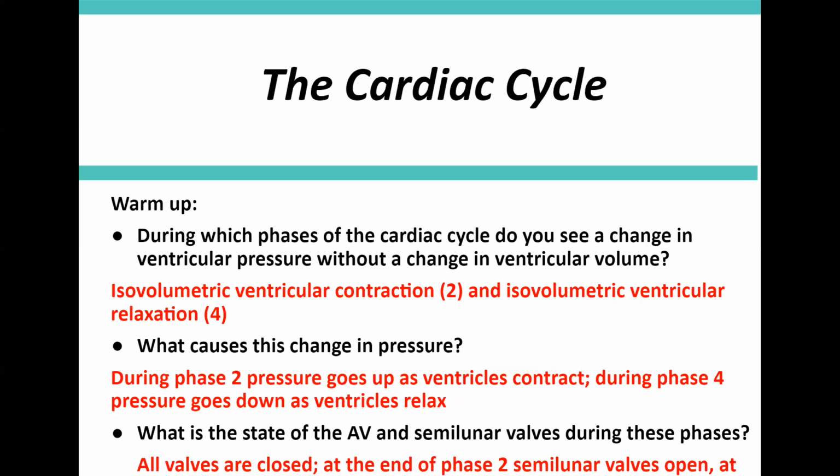Similarly, in the opposite case, while the ventricles are relaxing, once that pressure gets really low and the atrial pressure is higher, that opens the atrioventricular valves, starting over our cardiac cycle, starting us through these phases again.